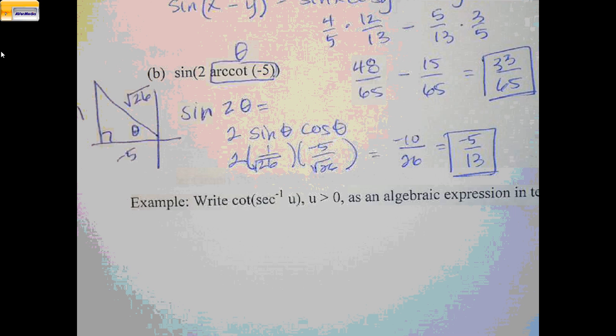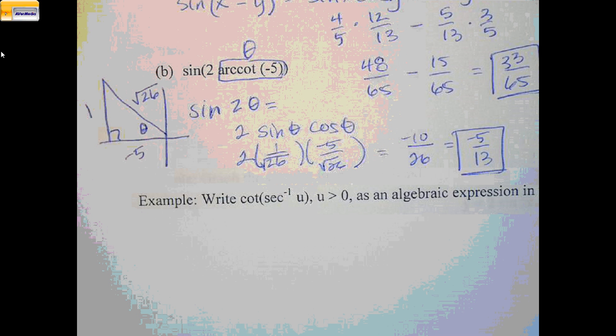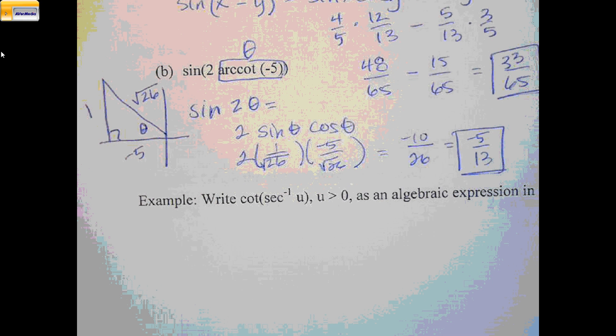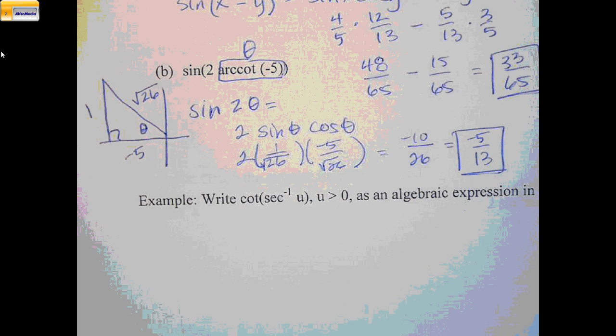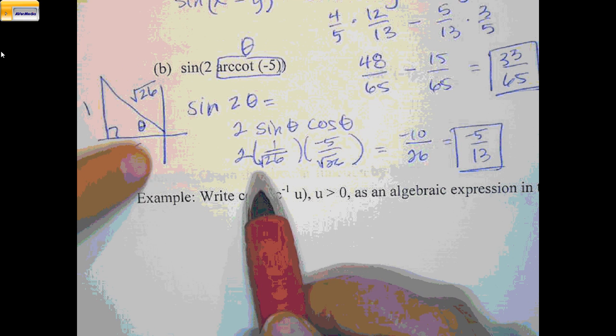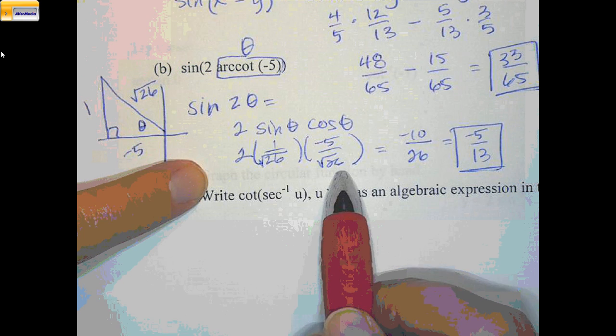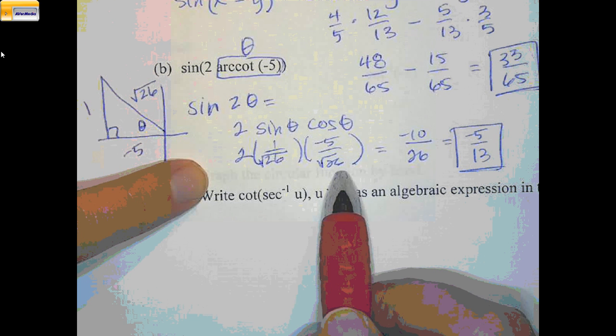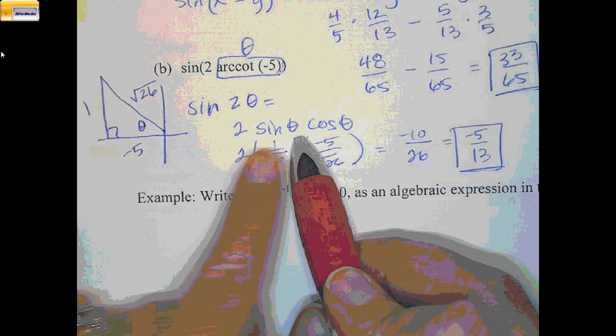How you guys doing? Emily, you okay? I can't tell if you're being sarcastic or not. Let me ask you this, Emily. Do you know where these numbers came from? Okay, it says sine of theta. Here's theta.